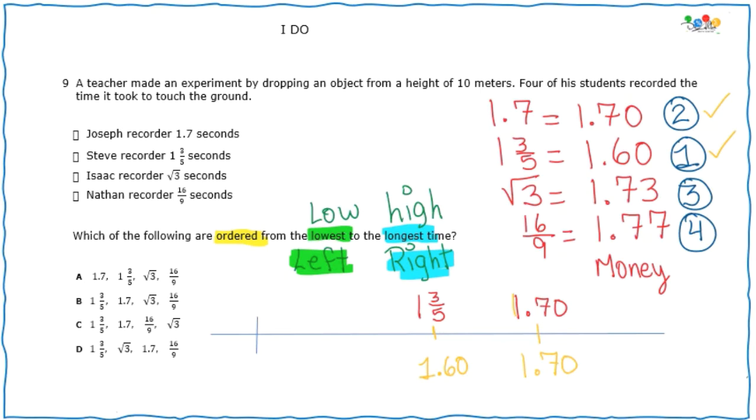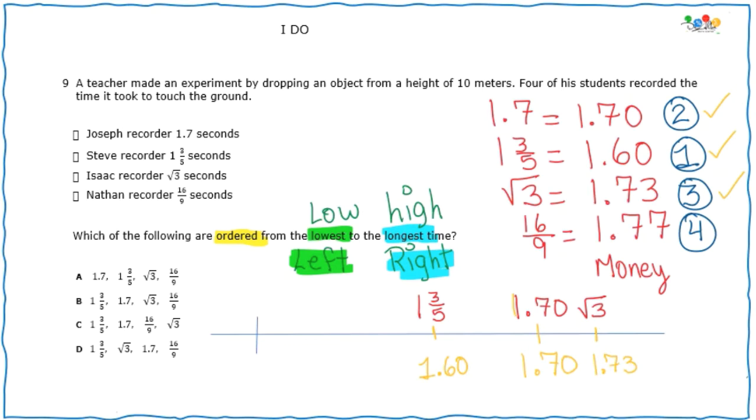Well, this is $1.60, $1.70, so $1.73 needs to be more to the right. So I like to do it like this, so in that way I'm not thinking about what's the least number, okay? And the equivalent for that is square root of 3. Got that?